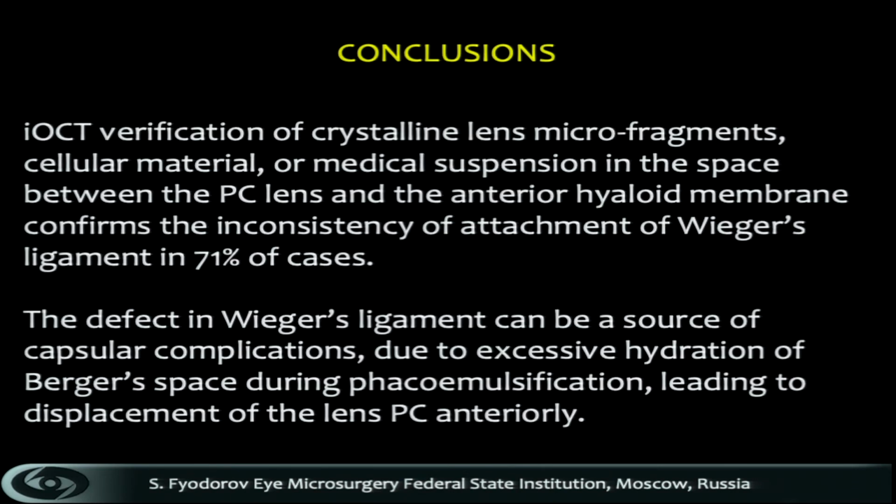So to conclude, we do think that intraoperative OCT verification of crystalline lens particles or medication suspension in the space between the posterior capsule and the anterior hyaloid membrane confirms the inconsistency of attachment of the vitreous ligament in approximately 70% of cases, and this defect of the vitreous ligament could be a source of capsular complications due to excessive hydration of the retrolenticular space.